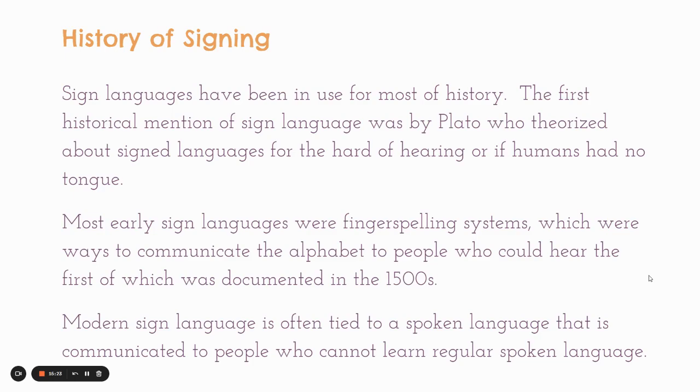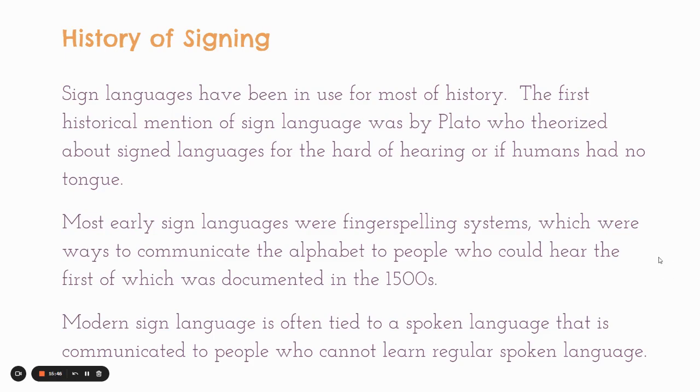Most early sign languages used finger spelling systems, which were just ways to communicate the alphabet to people who could hear, the first of which was documented in the 1500s. So basically, it was a way for people who were hard of hearing or deaf to fit into the written and spoken languages of the area.